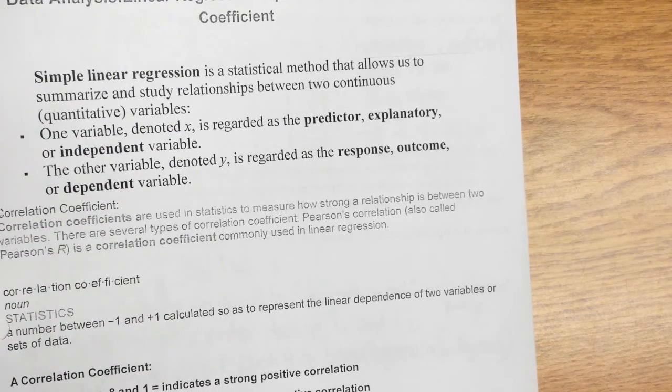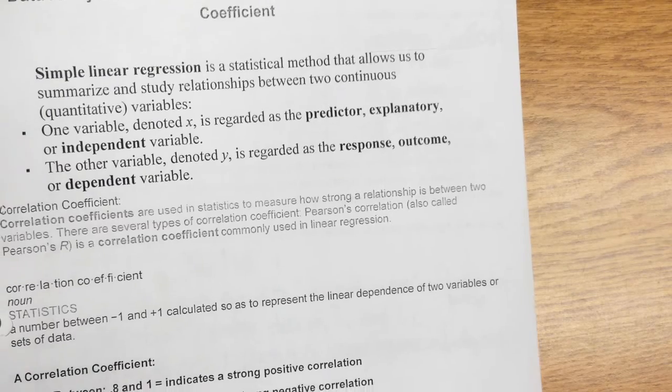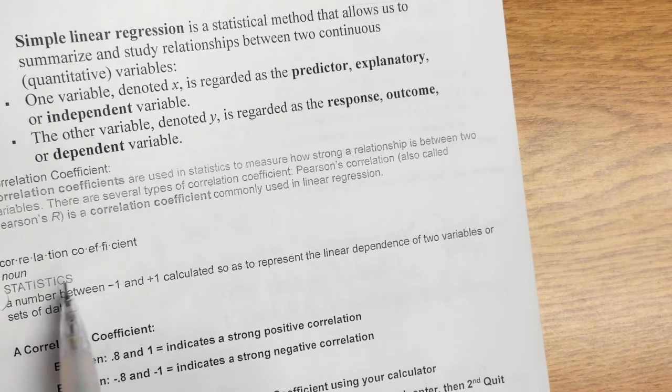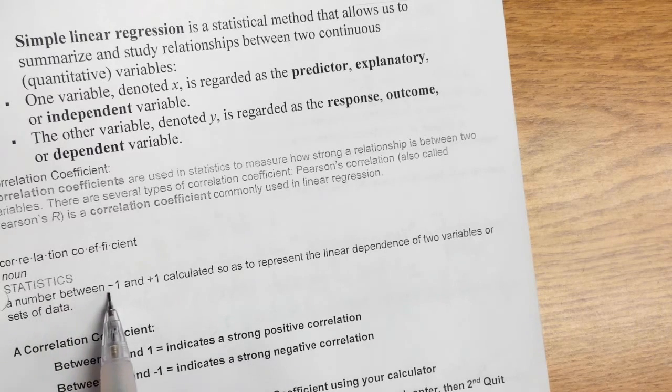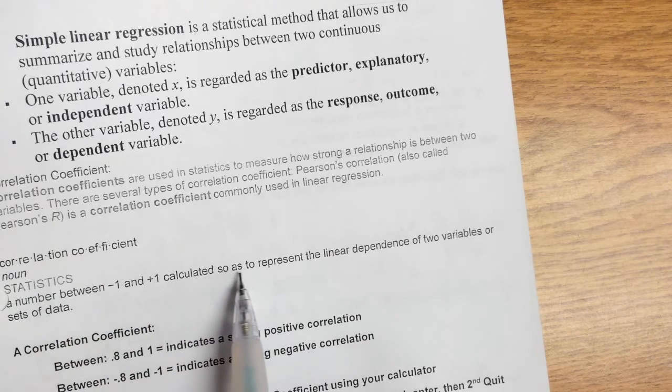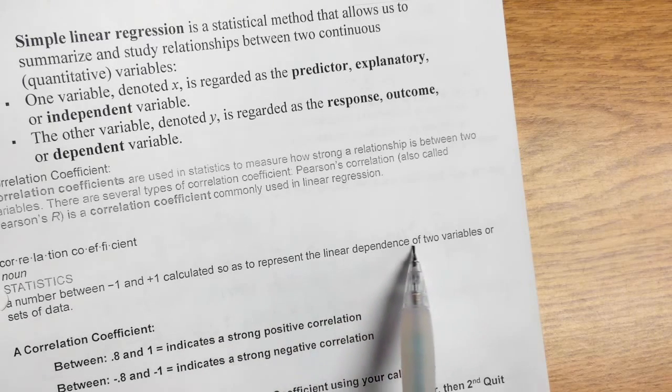A correlation coefficient is used in statistics to measure how strong a relationship is between two variables. We are using Pearson's, which is an R. It's the most commonly used one, and that's what we're going to be using. I also wrote down here that the correlation coefficient is between -1 and 1, calculated so that they represent a linear dependence of two variables of the sets of data.